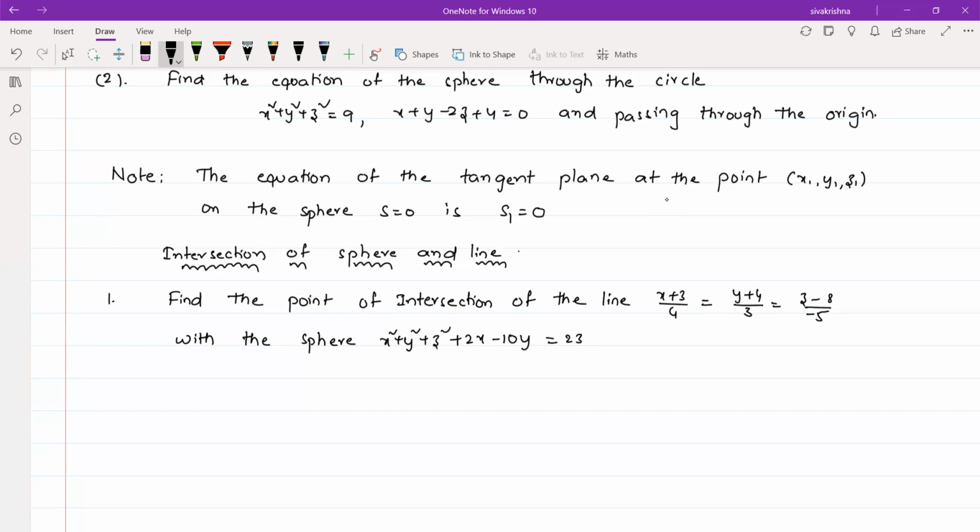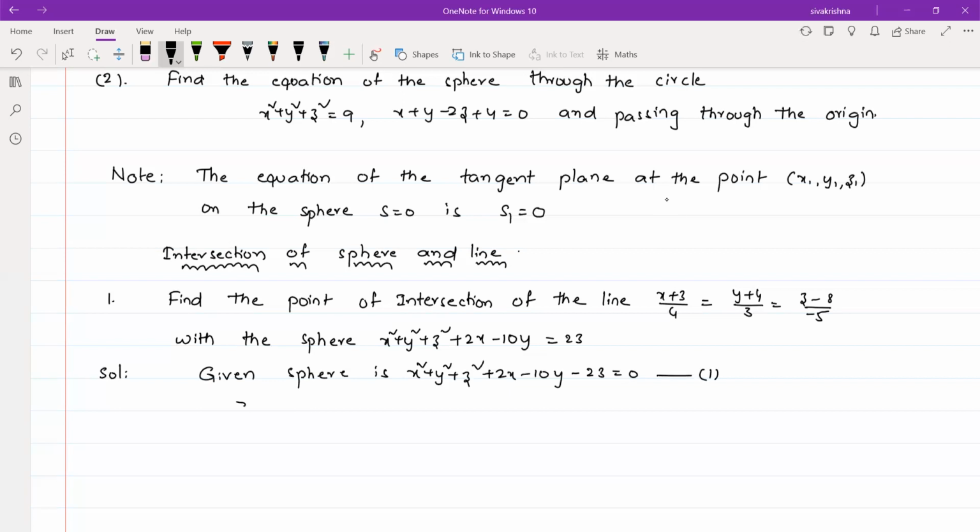Coming to the solution, the given sphere equation is x square plus y square plus z square plus 2x minus 10y minus 23 equals 0. Treat this as equation number 1.